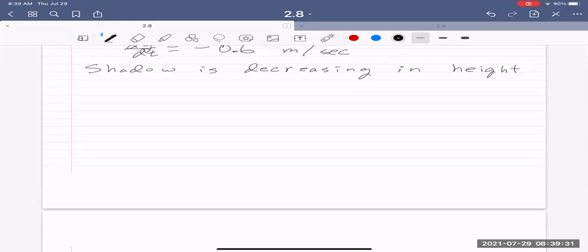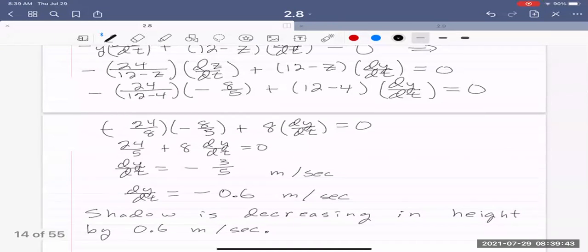By 0.6 meters per second. Any questions about this? Okay. I'm sure that every time I do this problem, I do it differently. I think this is the first time I've ever done it this particular way. So it's good to do a variety of different ways. Any questions about this?